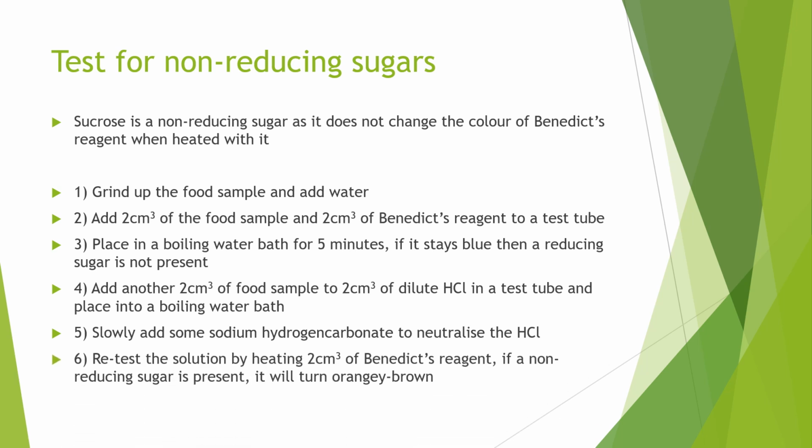And then finally, we retest the solution again by adding Benedict's reagent and heating. If a non-reducing sugar, like sucrose, was present, it should now turn an orangey brown sort of colour. This test allows us to confirm the presence of non-reducing sugars after breaking them down into reducing sugars.